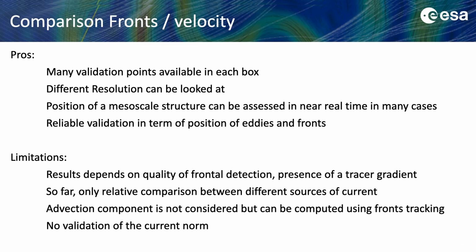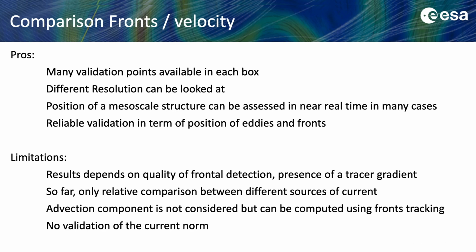Near real-time analysis can be done with a significant amount of validation points. Also, the position of the structure is validated more than an RMS value, which is of interest in many cases where we need the location of the eddy or the front rather than the value, as is the case for ship routing.